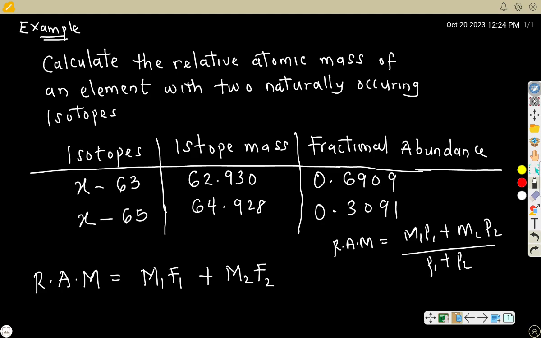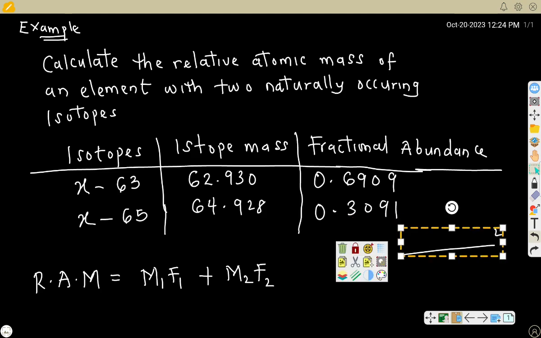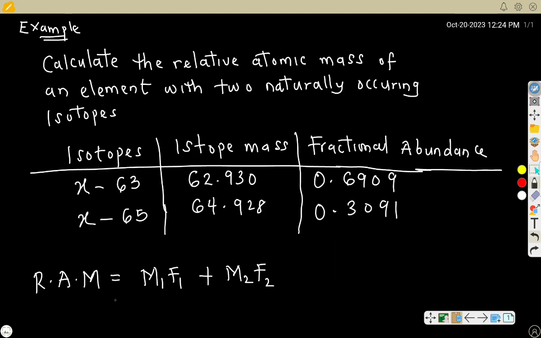But since I have fractional abundance, not percent, I'll use this formula. Please take note. So now let's substitute everything: this is our M1, this is our F1, this is our M2, and this is our F2.